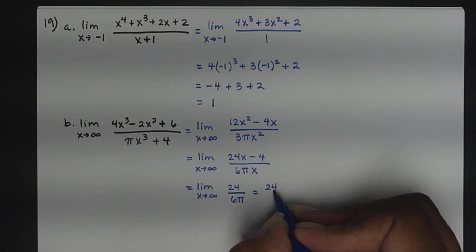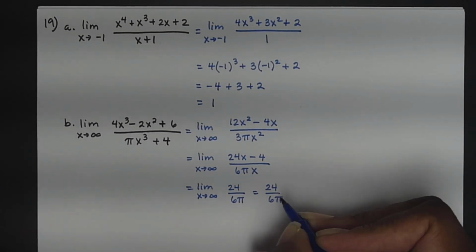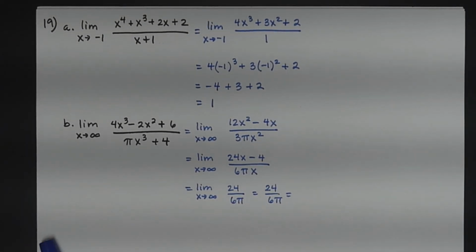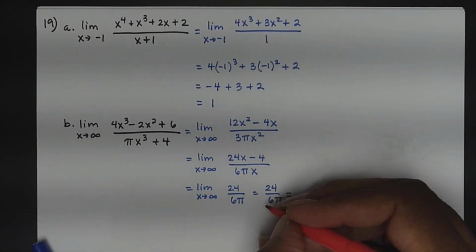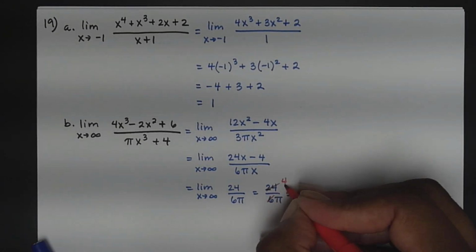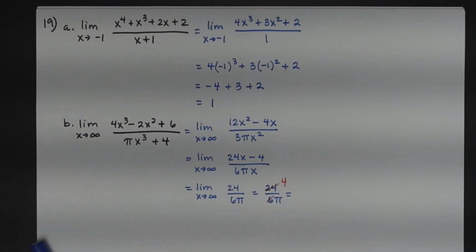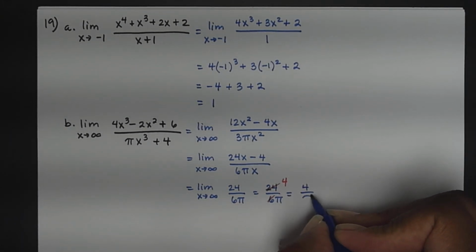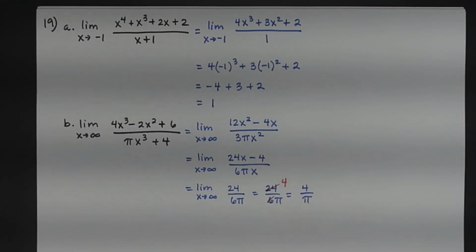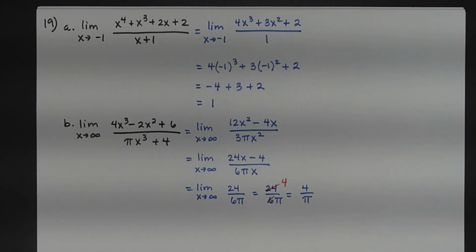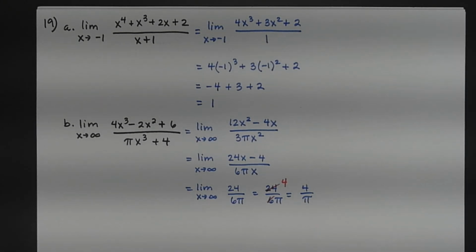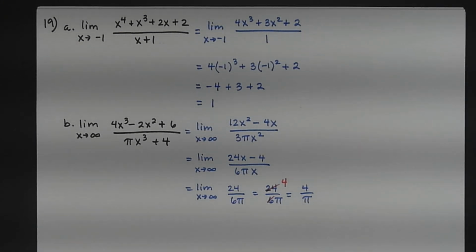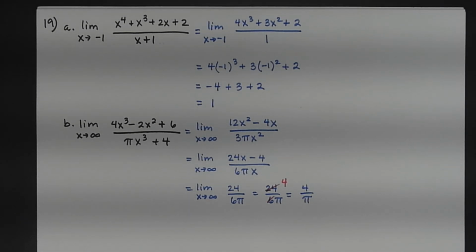If I simplify this a bit, I can divide 6 into 24, that goes 4 times. So I'm going to have 4 over pi. And that would be the answer to the limit as x approaches infinity of (4x cubed minus 2x squared plus 6) divided by (pi x cubed plus 4).